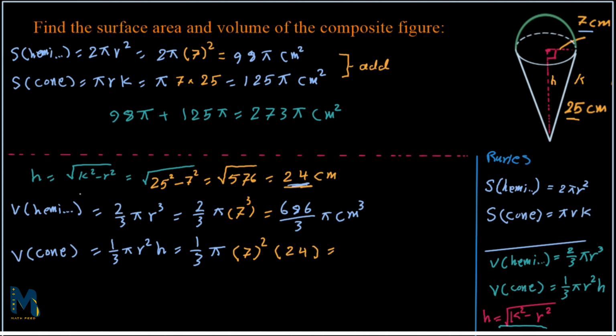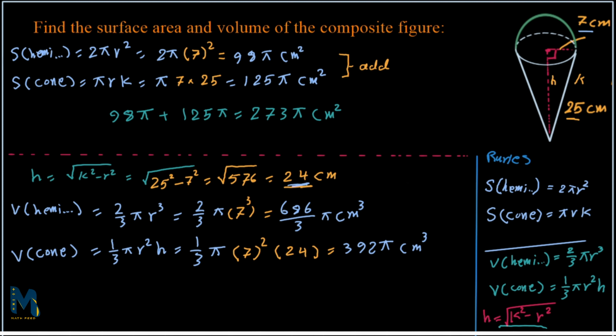Now we can calculate by a calculator. It equals 392 pi centimeter cubed. And those are the volume of hemisphere and the volume of a cone.